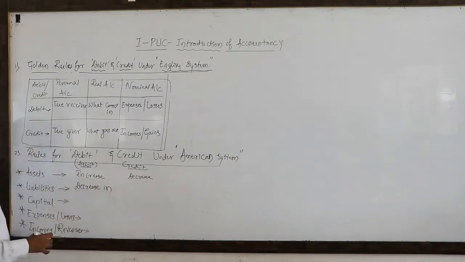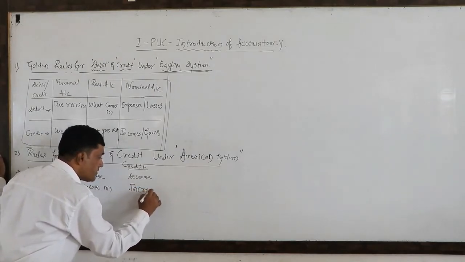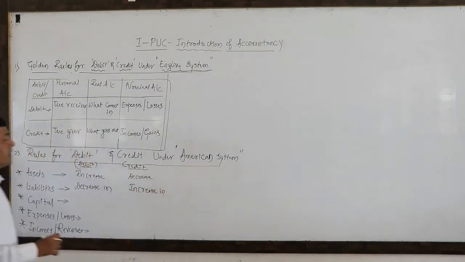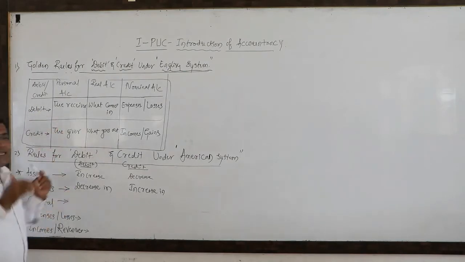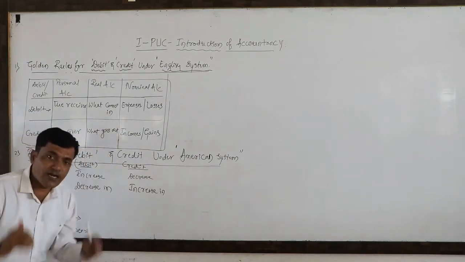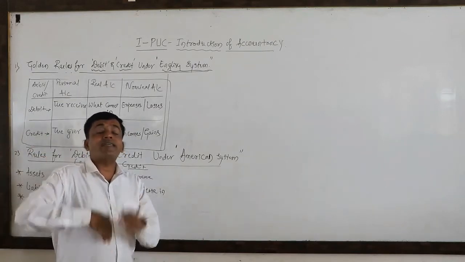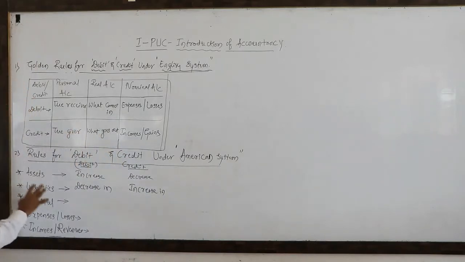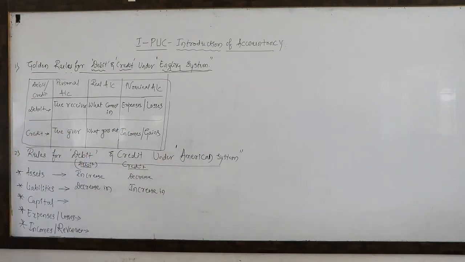Decrease in liabilities, debit; increase in liabilities, credit. Dear students, please concentrate. Decreasing liabilities means decreasing responsibilities, minimizing responsibilities, which means maximizing the properties. That is the reason this is the vice versa, just the opposite of assets. Decreasing liabilities, debit; increasing liabilities, credit.